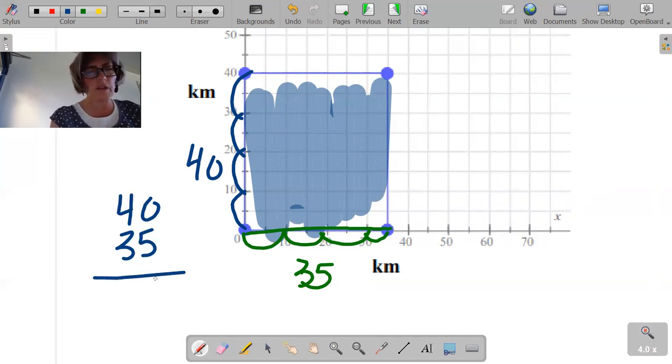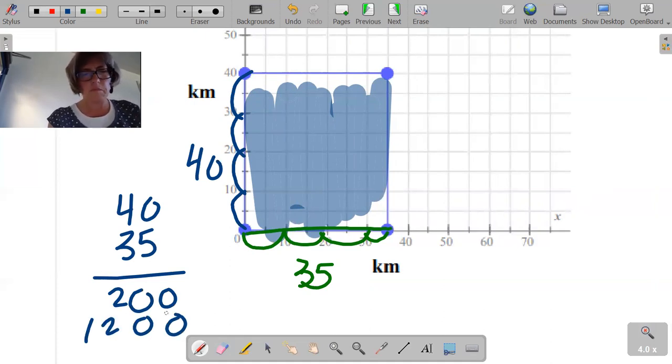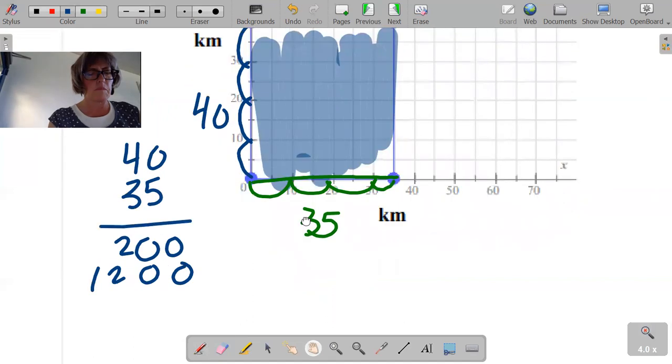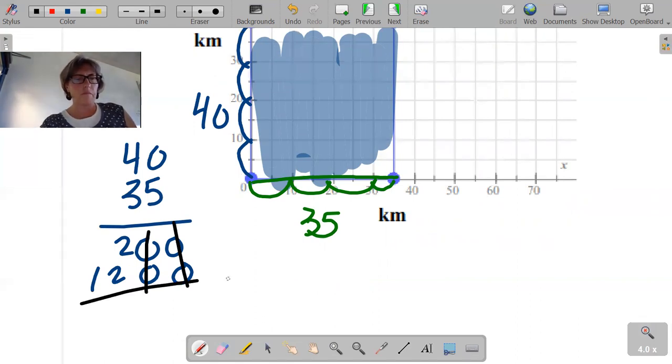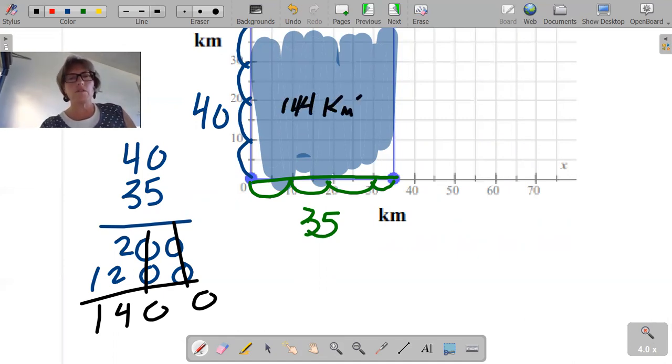35 times 40. And we have 1,400 kilometers squared.